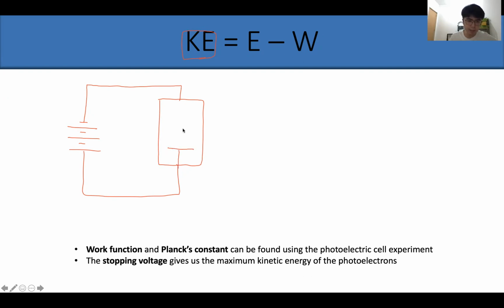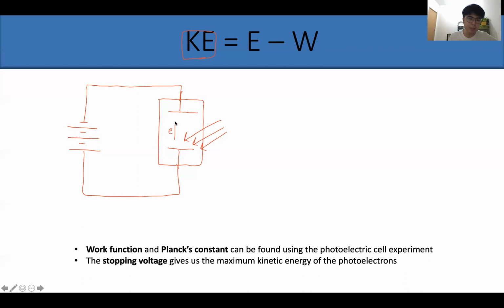And then I put two plates. One is the cathode, one is the anode. I shine the light on one plate. It must be a known frequency. You must know the frequency of this light. I shine the light on one plate, the cathode, and then it will emit electrons, right?